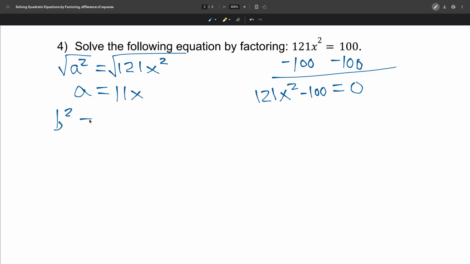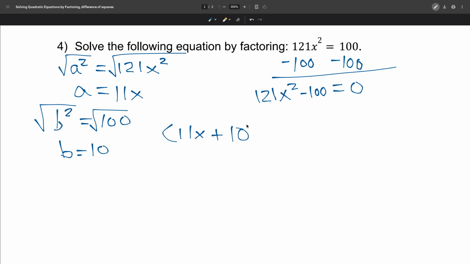B squared equals 100. Take the square root of both sides. B is going to equal 10. So this is going to factor into 11x plus 10 times 11x minus 10. And that equals 0.